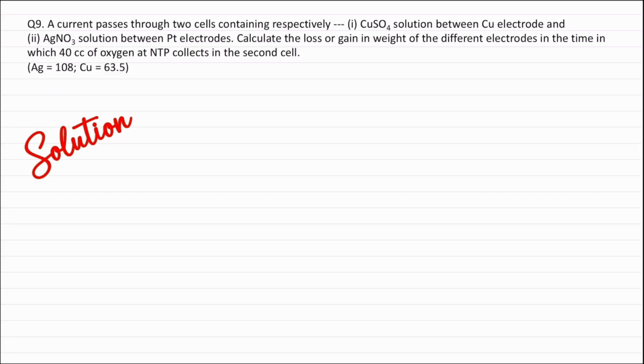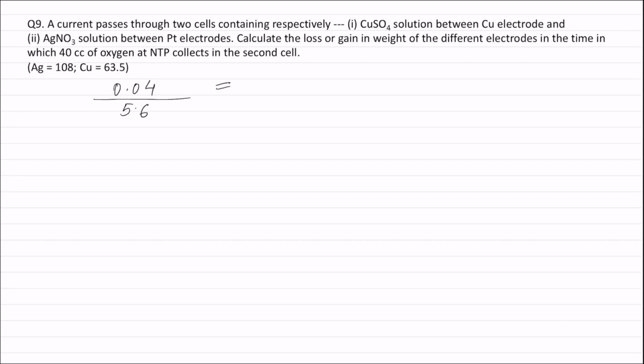Now equivalence of oxygen will be equal to equivalence of copper. Volume of oxygen is given as 40 milliliter or volume of oxygen in liters will be 0.04 liters. Now dividing this volume of oxygen by equivalent volume of oxygen, that is 5.6 liters, will give equivalence of oxygen, and this is equal to equivalence of copper.